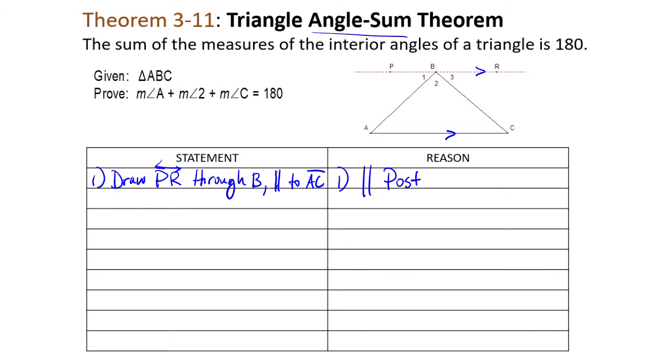We'll say that angle 3 and angle CBP are supplementary, and we know that because angles that form a linear pair are supplementary. That's from our linear pair postulate.